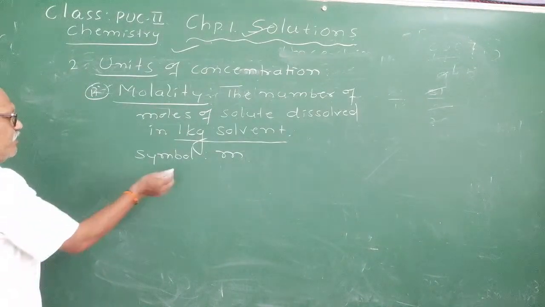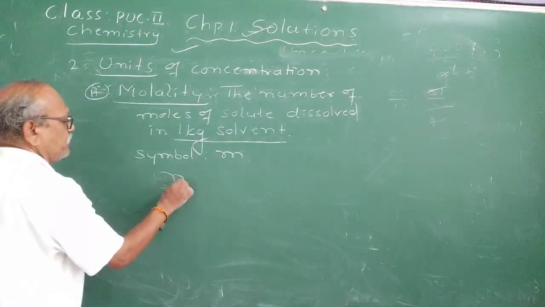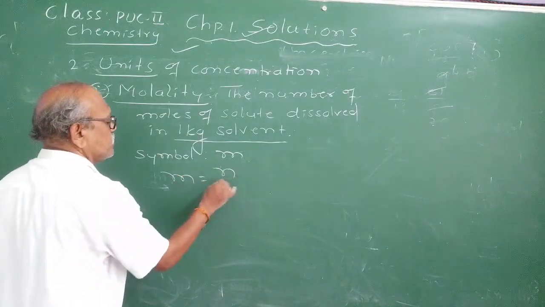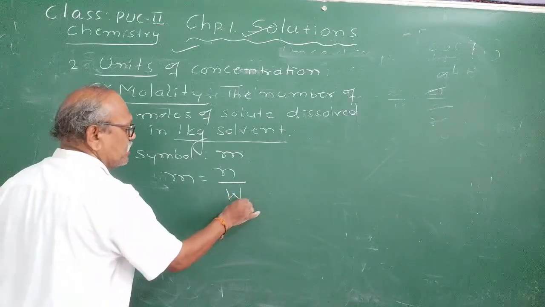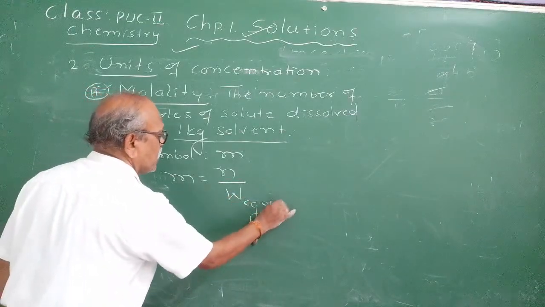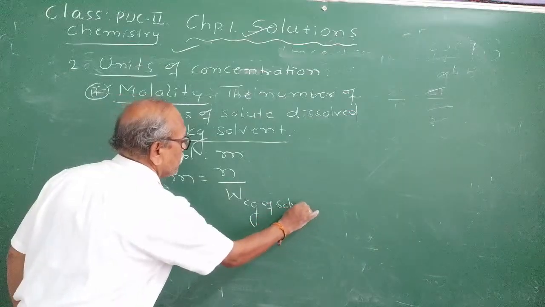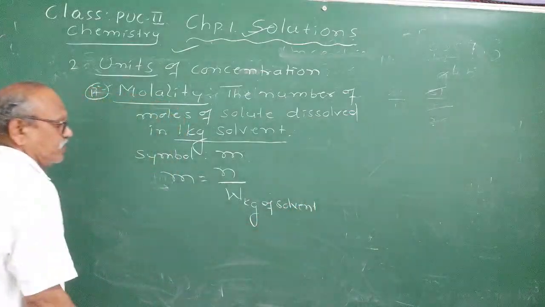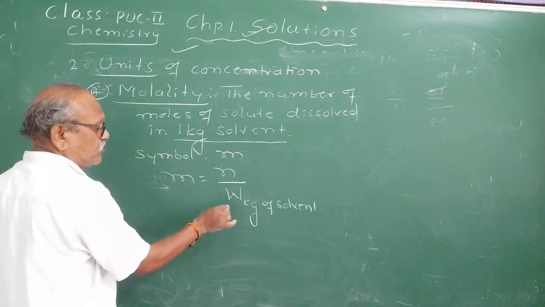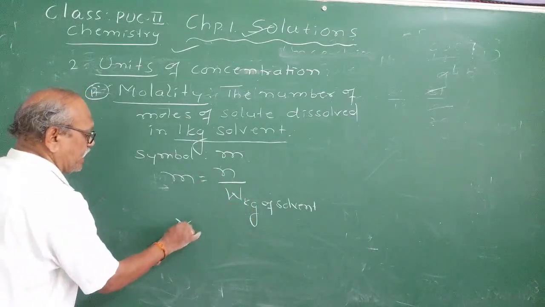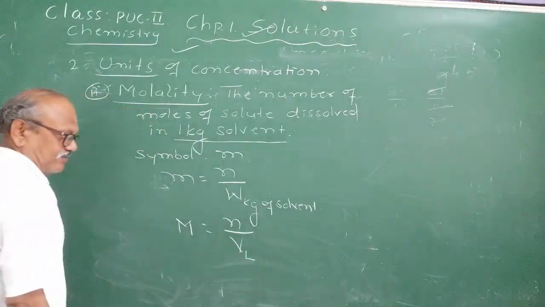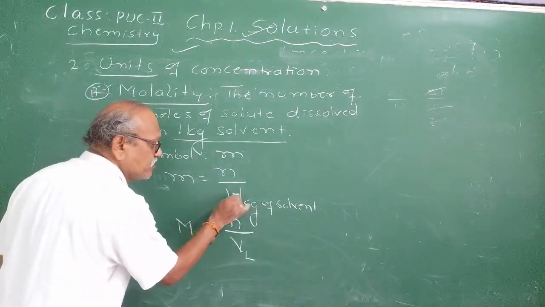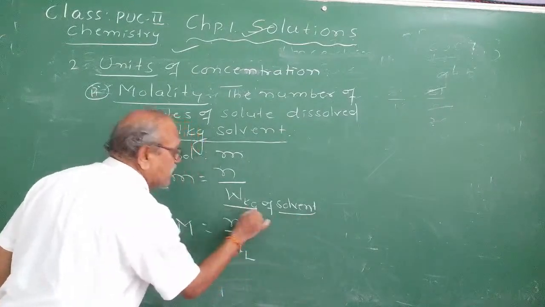The formula is m equals number of moles per kg of the solvent, not solution. Note down the formula correctly. The number of moles is the same. Molarity is the number of moles upon volume of the solution in liter, whereas here it is the mass of the solvent in kg.